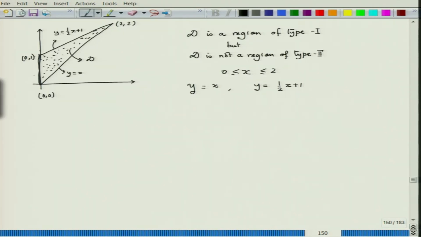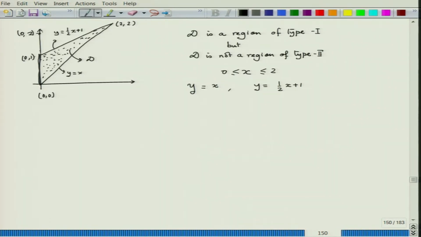But what about this part? How will I take this part into consideration? If I am on the y segment, coming from here to here, 0 to 2, so this is my 0, 2. When I am coming up to here, I am considering this domain, which can be thought about in terms of these two curves.